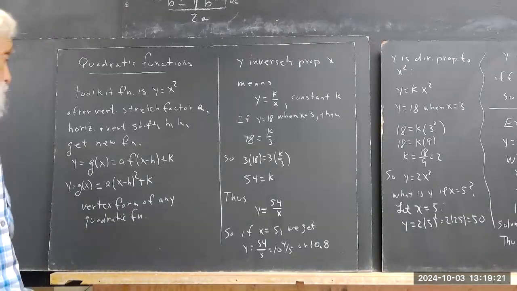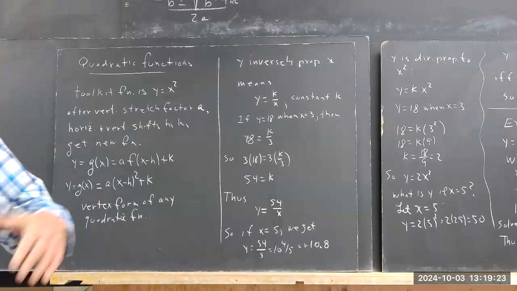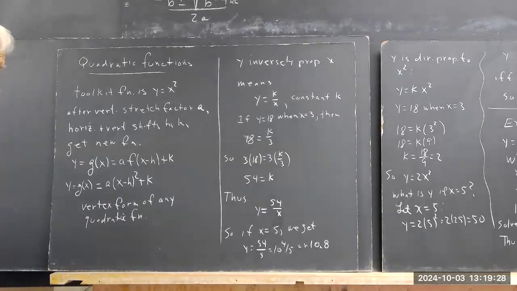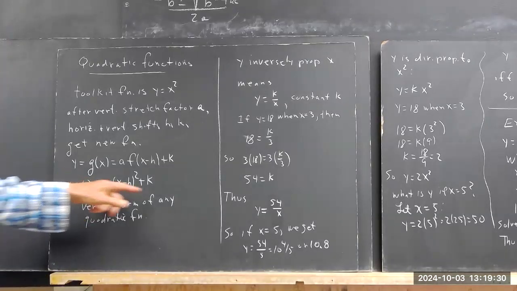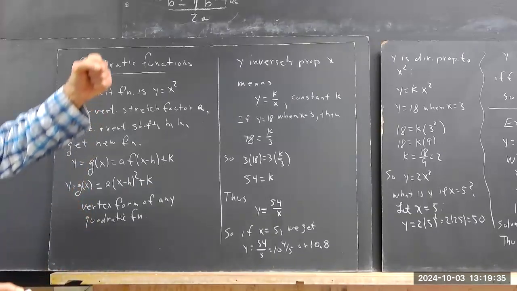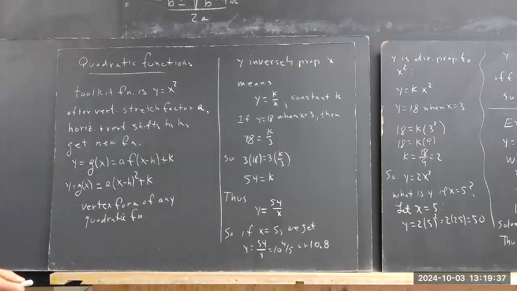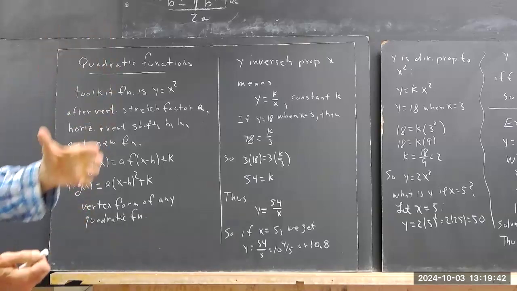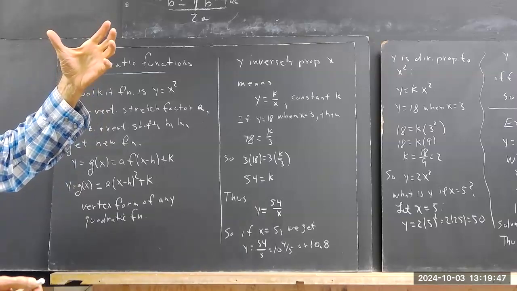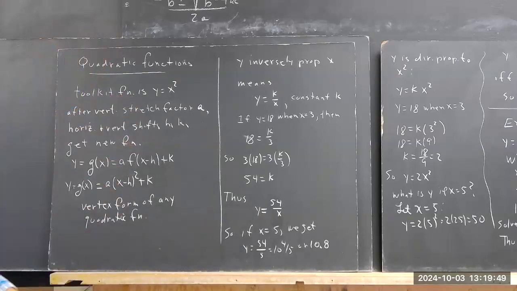Where's the vertex? Well, the vertex of your toolkit function is at the origin. Where does the origin go under these transformations? If you vertically stretch the thing, that doesn't affect the origin. The origin has zero distance from the x-axis. You vertically stretch the whole thing, but the vertex stays where it is, if the first thing you do is the vertical stretch. And that has to be the first thing, because multiplication comes before addition and subtraction.